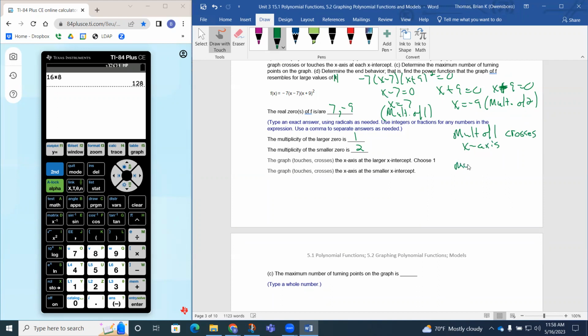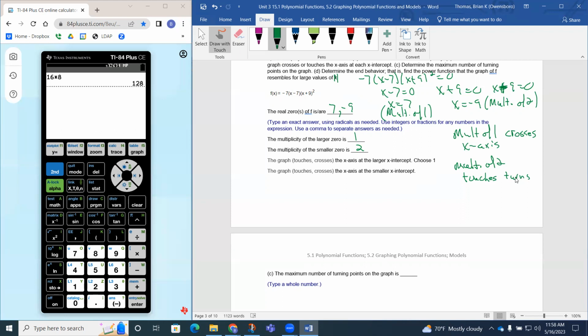If there's a multiplicity of 2, the graph is actually going to touch. So it touches and it kind of turns back down. Remember how degree 2 kind of makes a curve, a max or a min, if you will. So that's kind of what's going to be happening here.